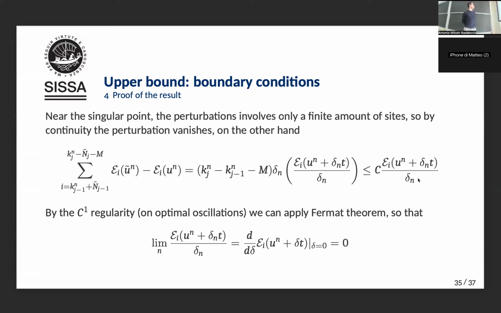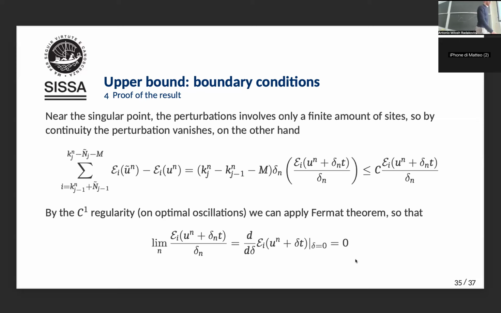Close to the critical point is not a problem because again this involves only a finite number of indices. So by continuity, the error is disappearing. While far from the critical point, we can estimate the difference in energy between U tilde and U, and this is estimated by a quotient which recalls a difference quotient.